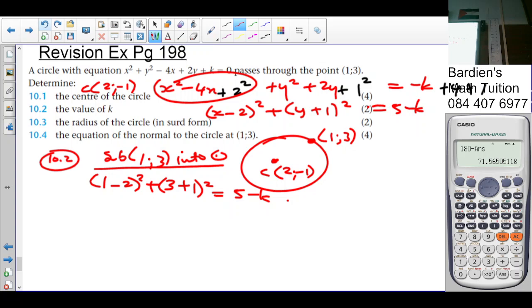So that's going to give you 1 plus 4 squared, which is 16, so 17. 17 minus 5 is 12. So k is negative 12.